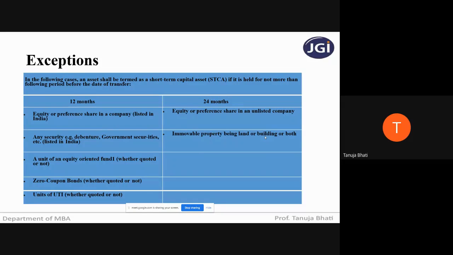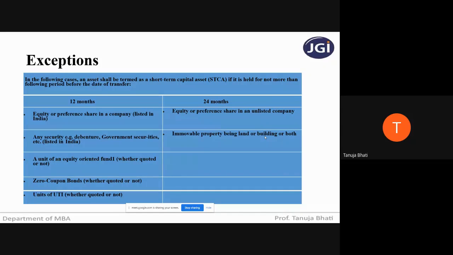If it is 24 months or below, it is short term. More than 24 months, it is long term. So I told you the building was held for 28 months. So does it become short term or long term? Long term, ma'am.